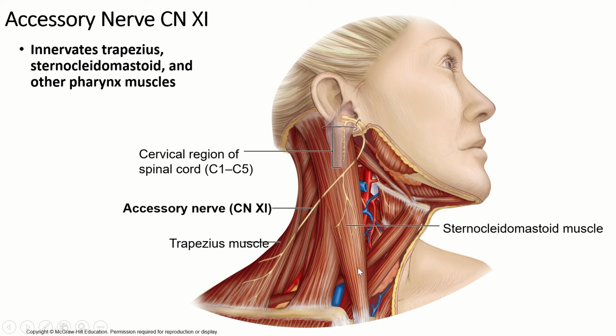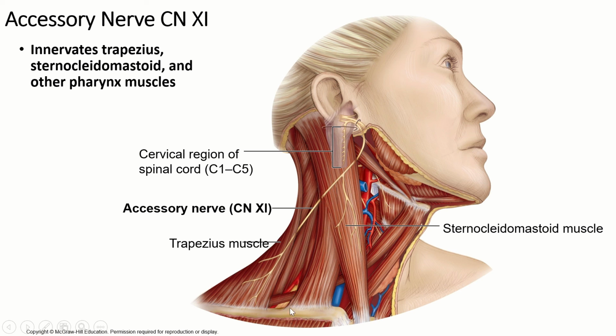So the sternocleidomastoid, some of the pharynx muscles, and then the trapezius muscle, which is this big muscle that covers the top of your shoulders and the top of your back. So trapezius, sternocleidomastoid, some of the pharynx muscles, accessory nerves.